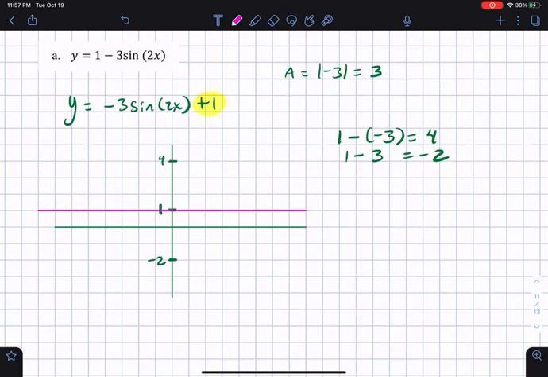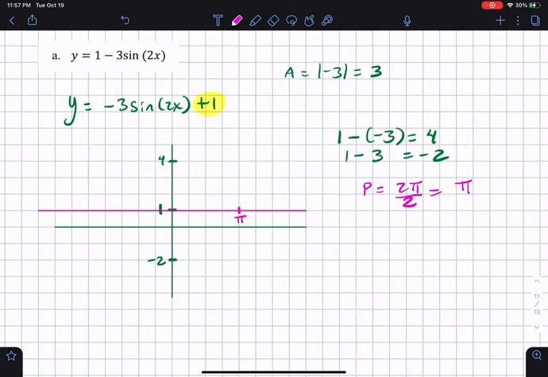Okay, now you need to find the period. The period equals 2 pi over b. So that's going to be pi. So that means that this is a compression. There's no phase shift. So think about it. 1, 2, 3, 4. So this is 1 period.